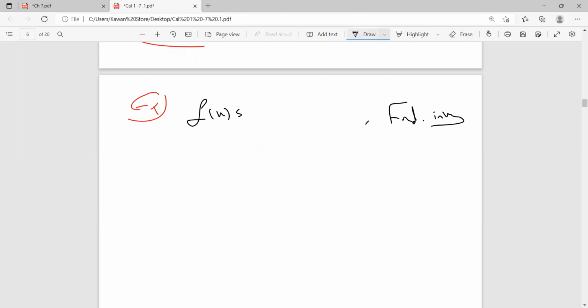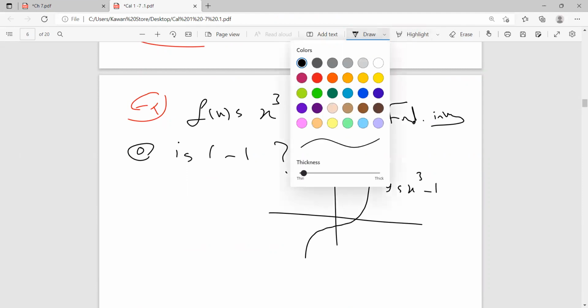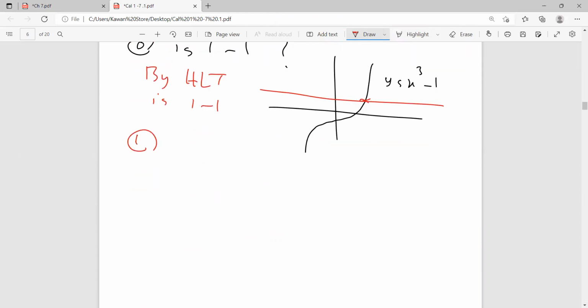If I have something like x to power 3 minus 1, how do we answer this example? It's a second example, so be careful. First of all, is it 1-to-1 or not? The graph is like that, y equals x cubed minus 1. By the horizontal line test, it is 1-to-1. So the second step, what shall we do?